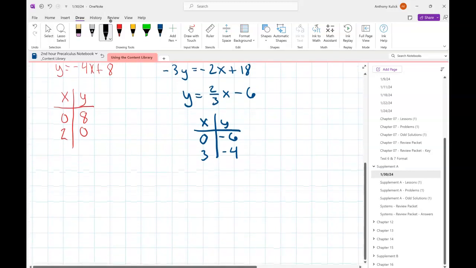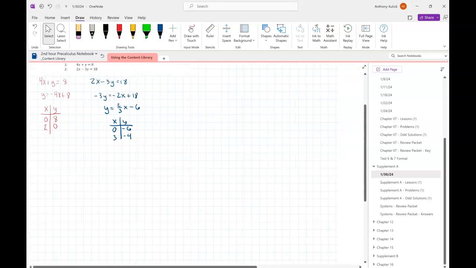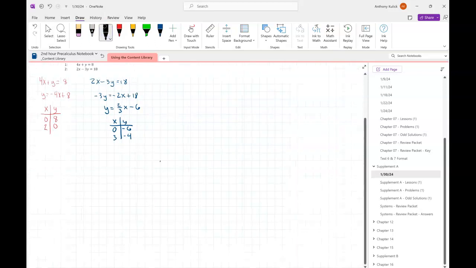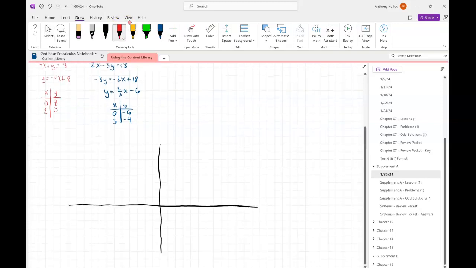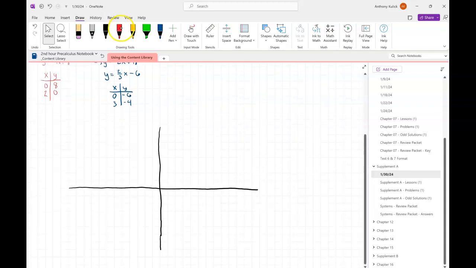So now I'm going to go ahead and try to draw my graph. Actually, let's give myself a lot of space here. All right, so 0, 8, 1, 2, 3, 4, 5, 6. Not quite enough space. So 0, 8.